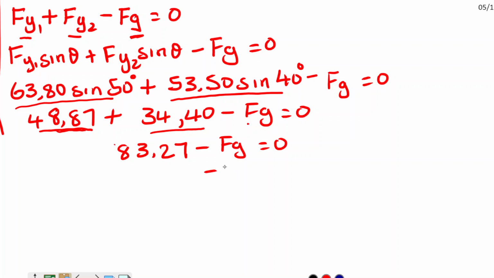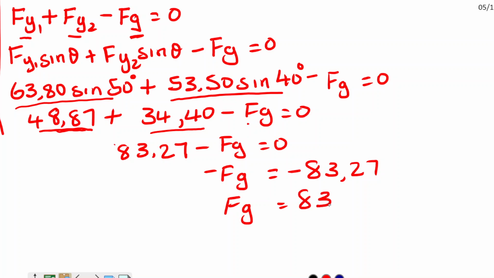We take that value and put it on the right side, so it's negative 83.27, and we divide by negative. So the value is 83.27 Newton, which is equivalent to the value that we got when we used the sine rule.